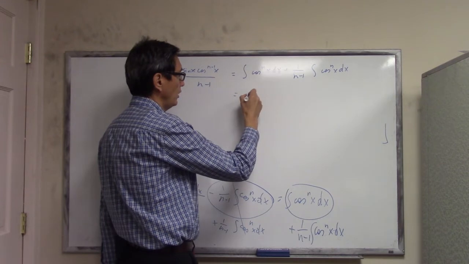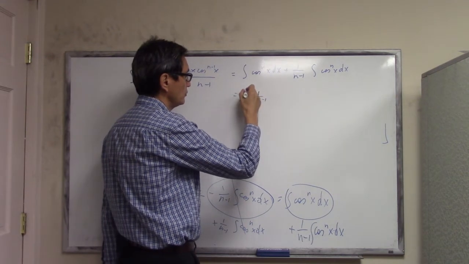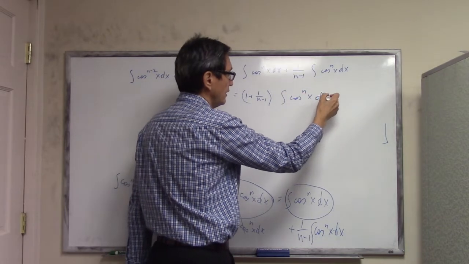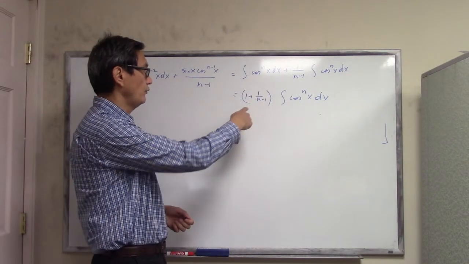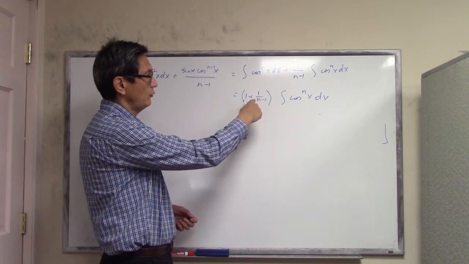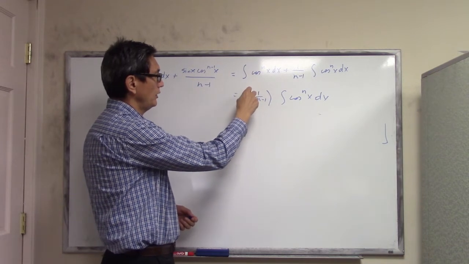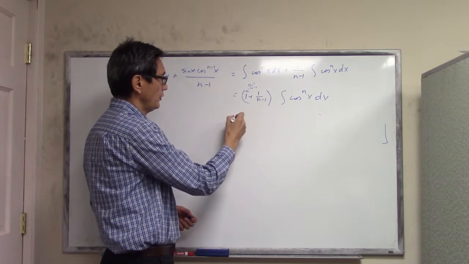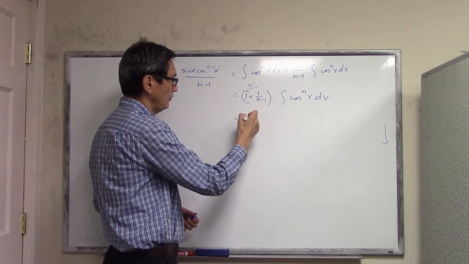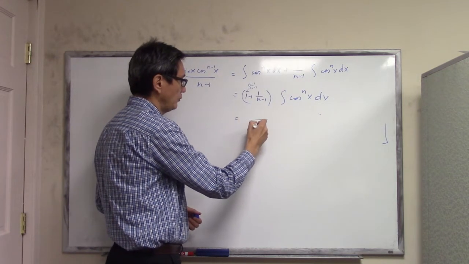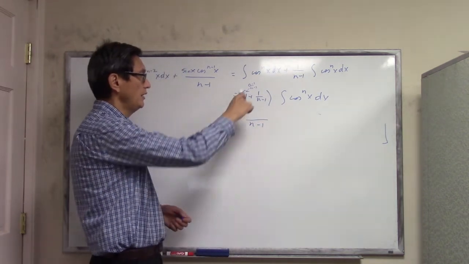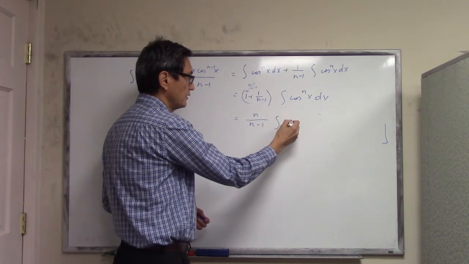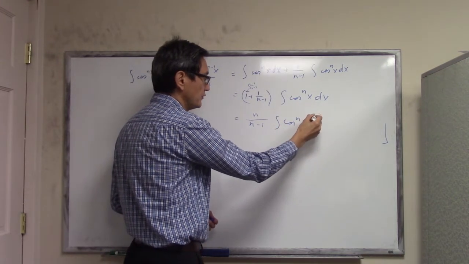So I have 1 plus 1 over n minus 1 times the integral of cosine n x dx. Calculate the coefficient: we can write 1 as n minus 1 over n minus 1, so with n minus 1 as the common denominator, n minus 1 plus 1 is n. The integral of cosine of x raised to n power.